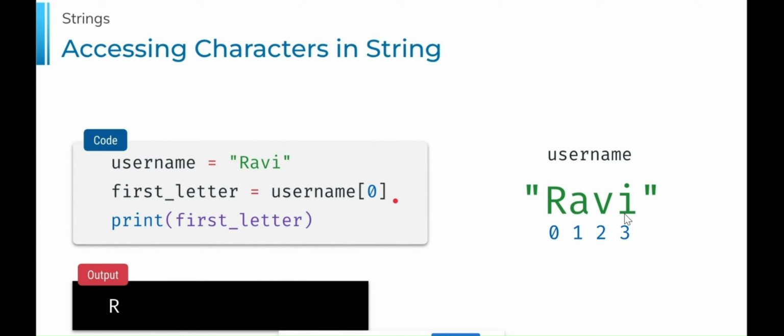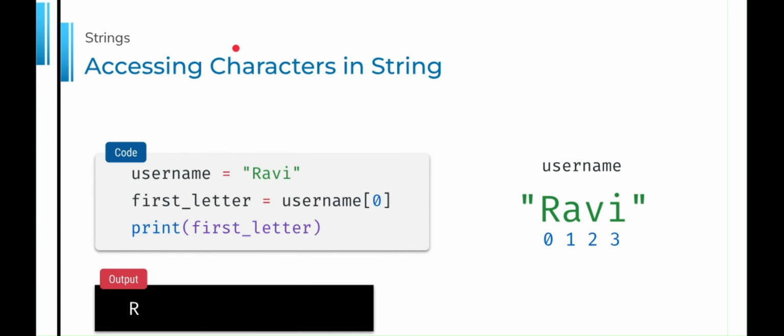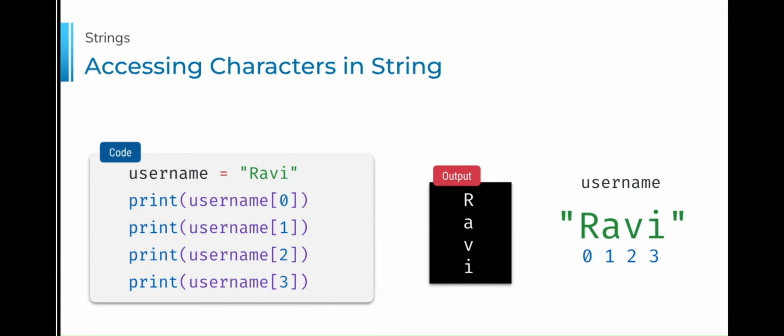If we use 1 as the index, the output will be A. If we use 2, the output will be V. If we use 3, the output will be I. What if we use 4? Let us see this.